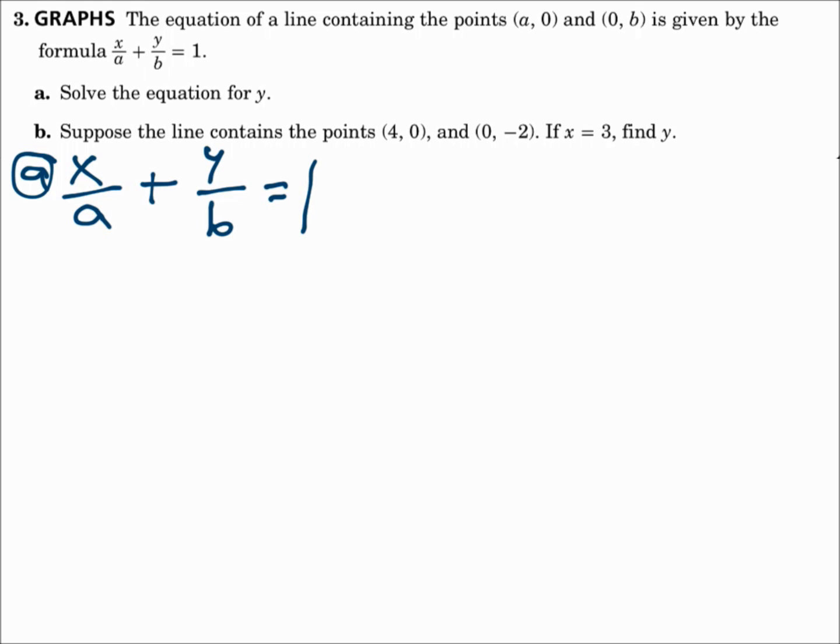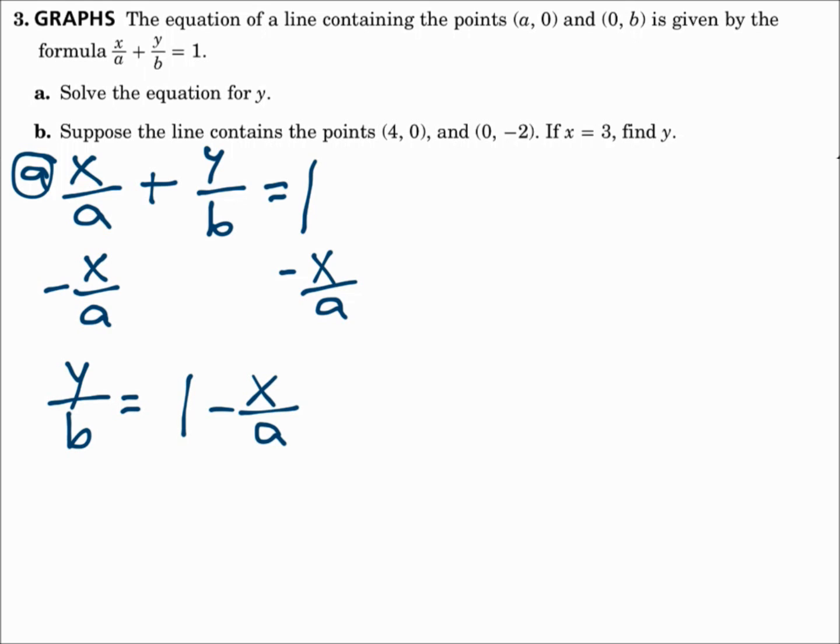So now let's look. You have a fraction x over a that's added to the y fraction. So let's subtract that fraction and move it to the other side. X over a minus x over a is 0, so it cancels from the left, leaving y over b. And on the right side, you just have 1 minus x over a.